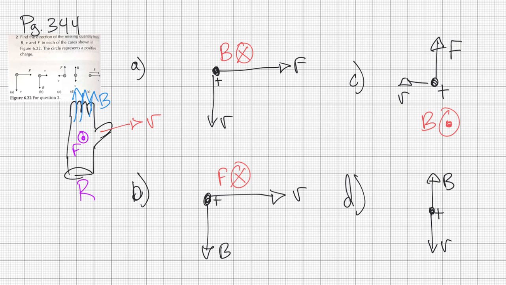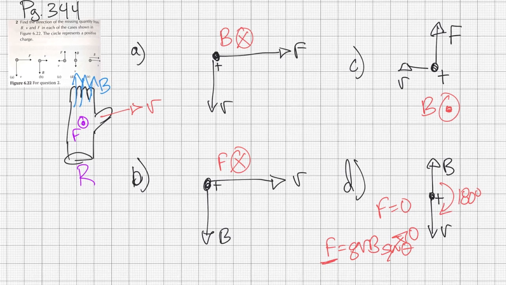So in this case, our force is actually 0. And that's because we use the equation F equals qvB sine of theta, and we're going to have an angle of 180 degrees. The sine of 180 is 0. So that's why our force in this case would be 0.